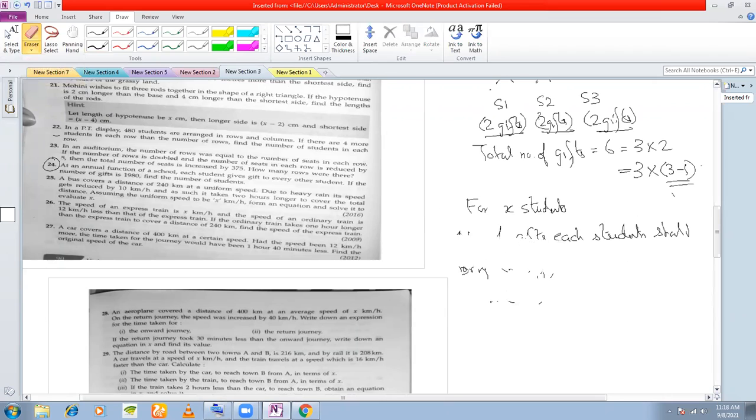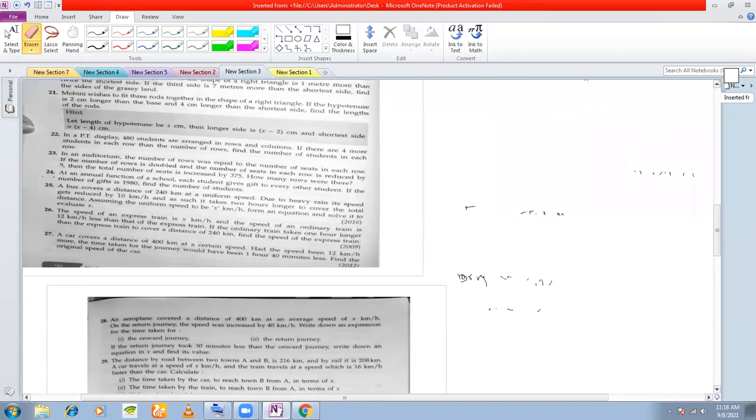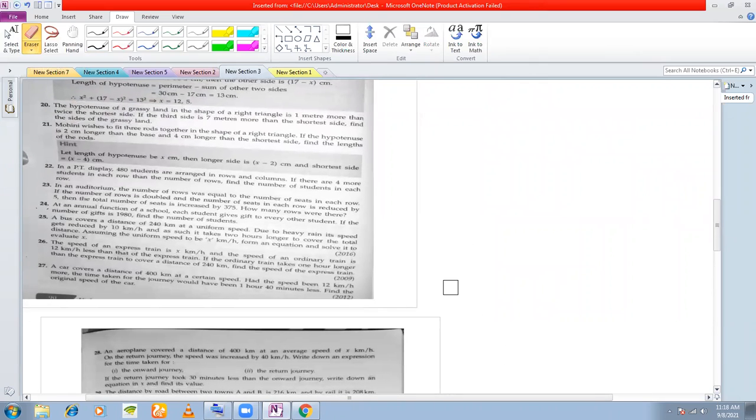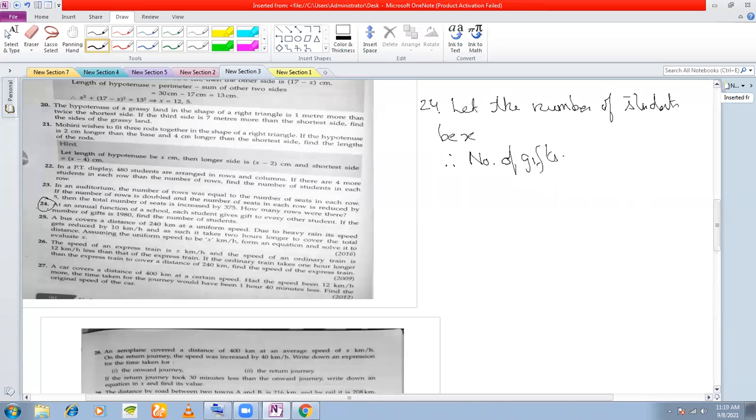So therefore, same concept. If I start by saying number 24, let the number of students be X. Therefore, the number of gifts each student brings is equal to X minus 1.